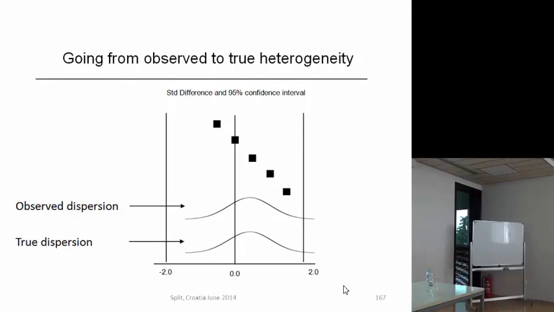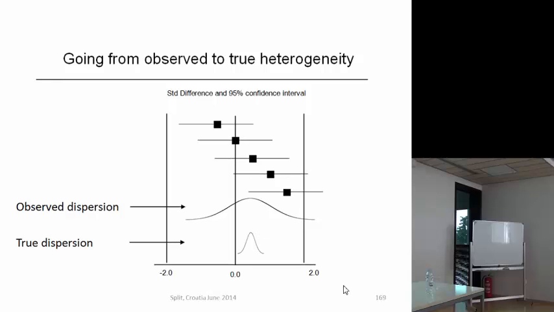If we have very precise estimates, then if we have a lot of observed dispersion, we'll know that it's really due to true differences between studies. Okay? So again, very wide confidence intervals means that statistical theory essentially forces us to say, well, most of this is due to sampling error variation.